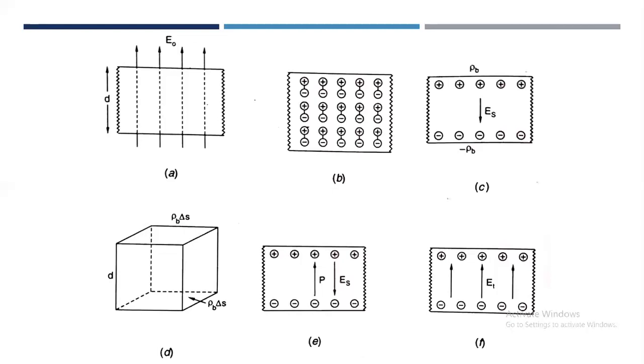Thus the net result is the formation of positive surface charge at the top and negative surface charge at the bottom surface, as shown in figure C. These surface charges are known as polarization surface charges, since they are due to the polarization in the dielectric.